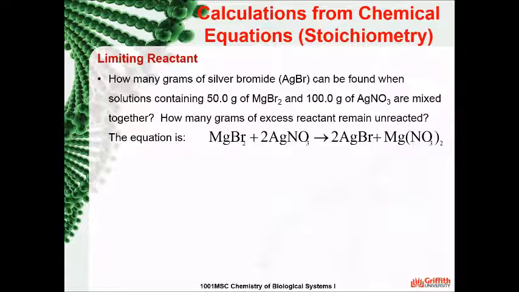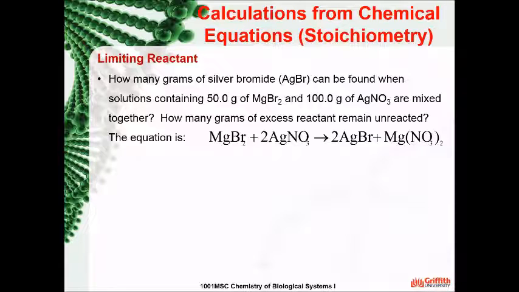Another example. How many grams of silver bromide, which is AgBr, can be found when solutions containing 50 grams of magnesium bromide and 100 grams of silver nitrate are mixed together? How many grams of excess reactant remains unreacted?